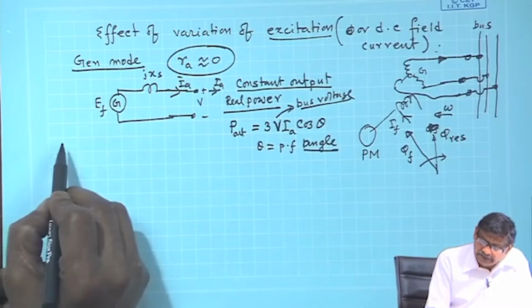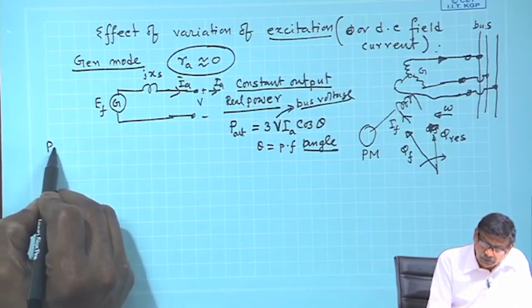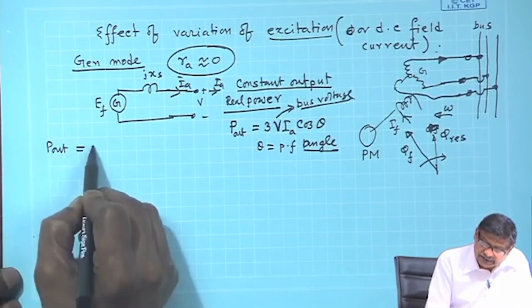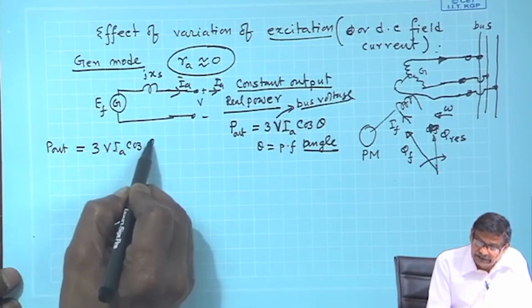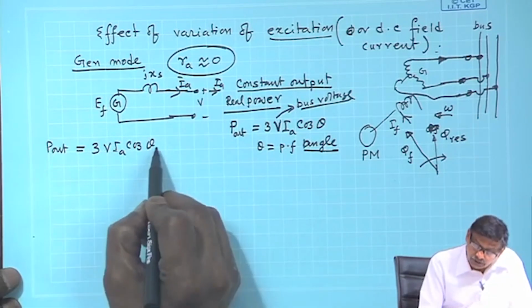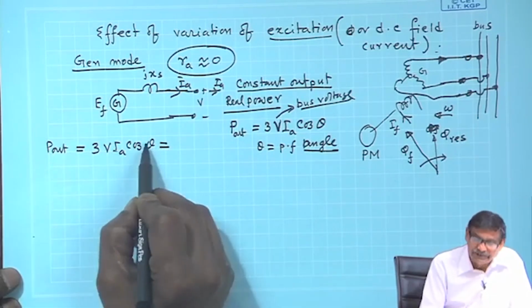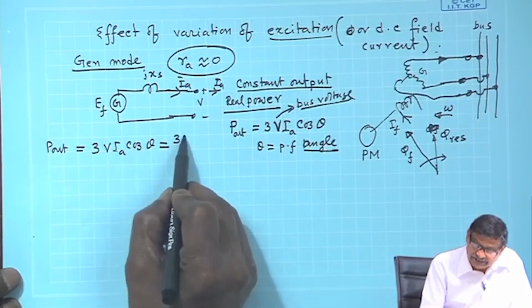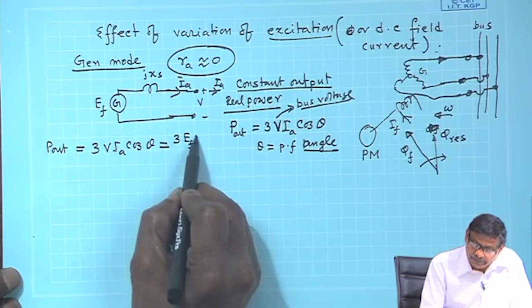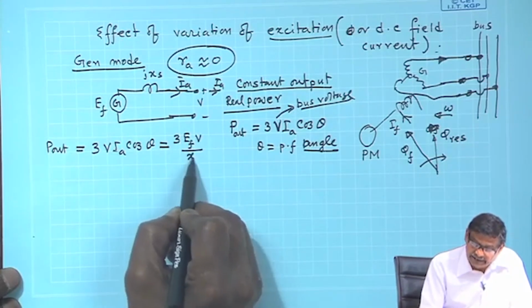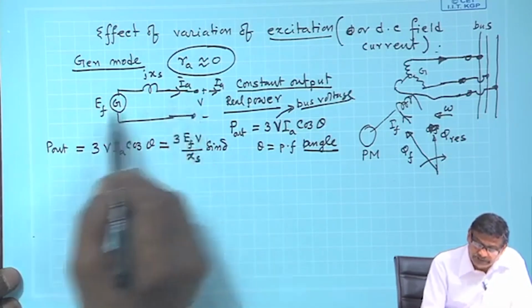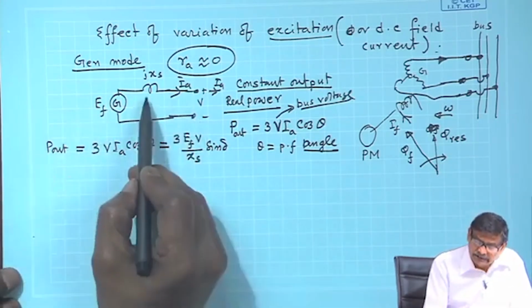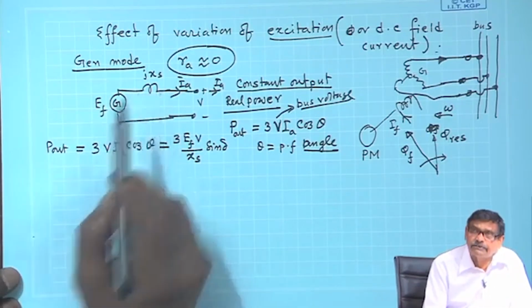Also, I will say that this P output is equal to 3 V I_A cos theta, no doubt, from the terminal condition, and I also know this power is 3 E_F V by X_s sin delta, and these two will be the same. There is no real power drop here.